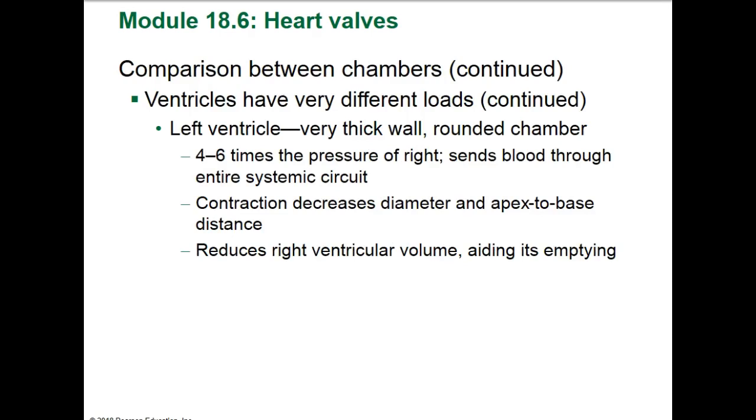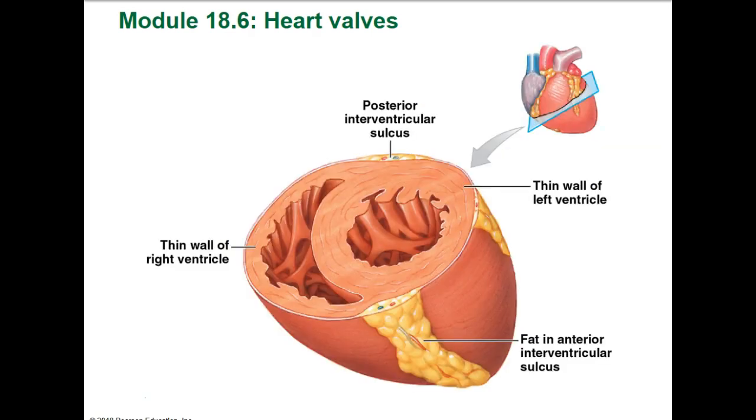Ventricles have very different loads. Again, the left ventricle has a very thick wall around a chamber, 4 to 6 times the pressure of the right ventricle, because it's going to send blood through the entire systemic circuit. And whenever you have contractions, it decreases the diameter and the apex to base distance of the heart. It reduces the right ventricular volume, and that helps in the emptying effect of the heart chambers.